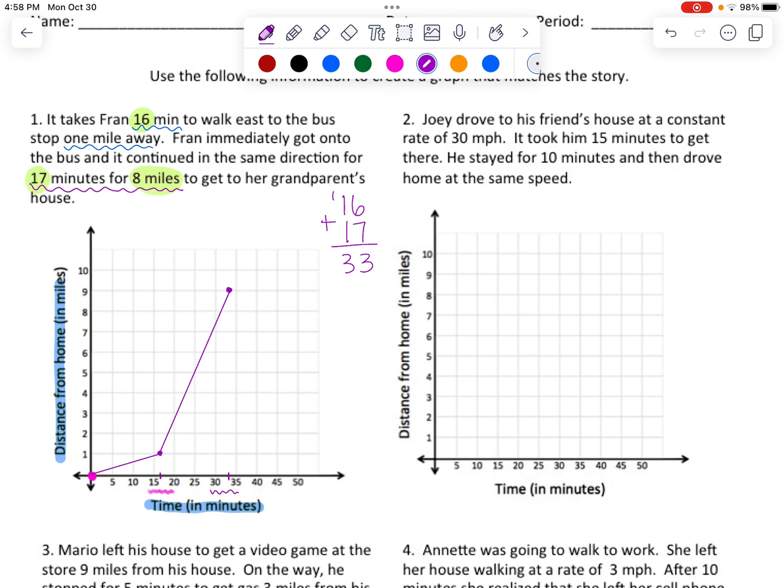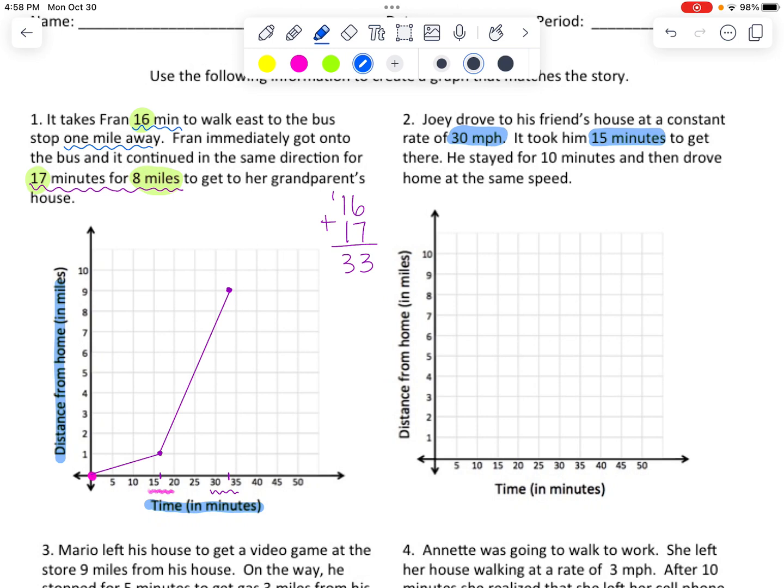For example 2, Joey drove to his friend's house at a constant rate of 30 miles per hour. So this information is important. 30 miles per hour. We're going to see that coming up. It took him 15 minutes to get there. So automatically you say to yourself, okay, well, the first information they gave us was in miles per hour. And now they're giving us information about minutes.